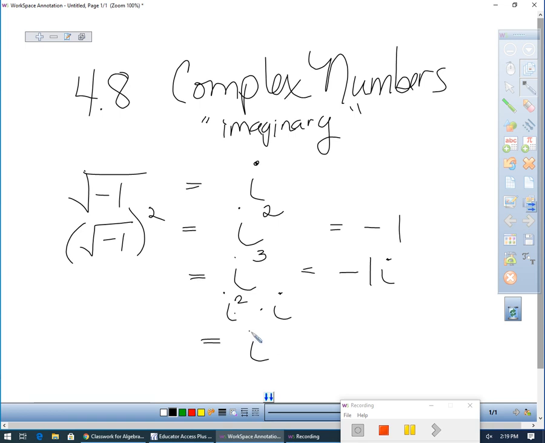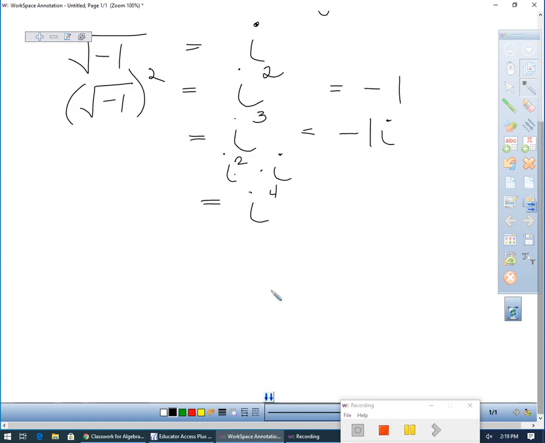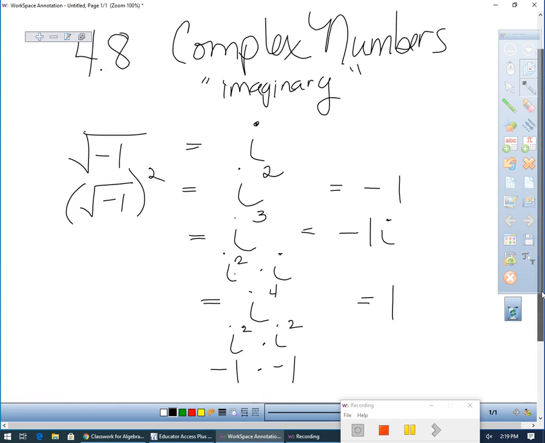And if I had I to the fourth? I to the fourth is I squared times I squared, which is -1 times -1, so I to the fourth equals 1. The first two, though, are the ones we're going to use the most. We're going to use these two a lot today.